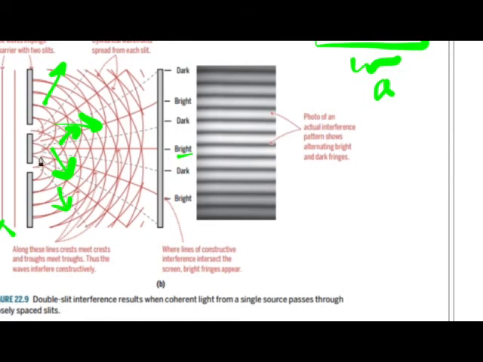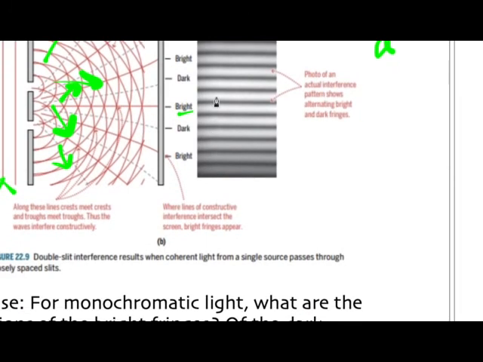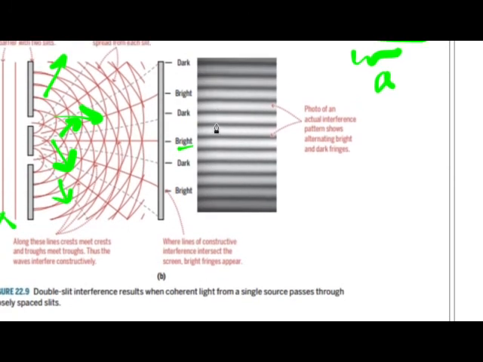But if the path difference is one wavelength, then they'll again be in phase on the screen, and you'll have high intensity. So you go from the central bright fringe through a dark fringe, back to another bright fringe, through another dark fringe, back to another bright fringe.